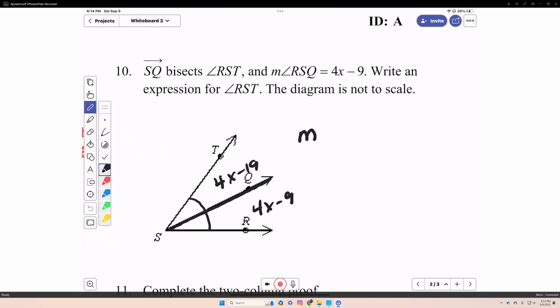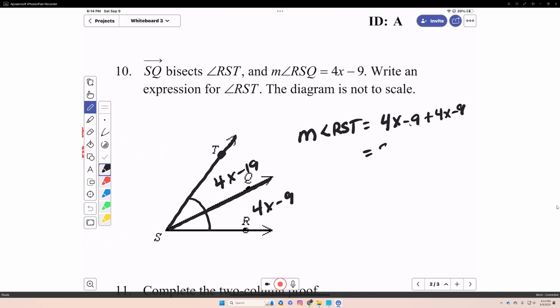So the measurement of angle RST will be the sum of the two smaller angles. So you would have to add the expression 4x minus 9, and you also have to add 4x minus 9.